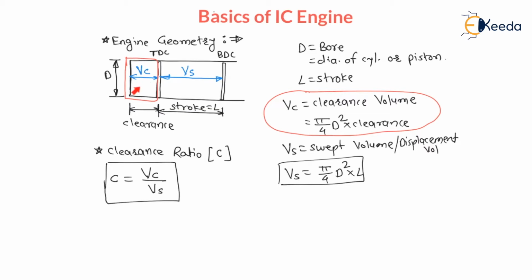There are a few reasons to provide this clearance volume. Let us understand them. In this piston cylinder mechanism, whenever the piston is at top dead center, this volume is the clearance volume Vc.